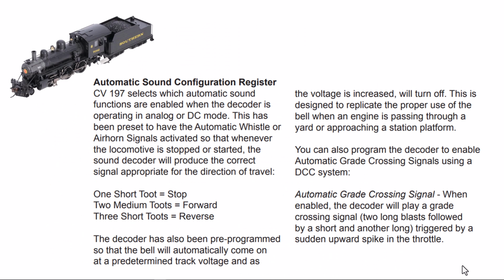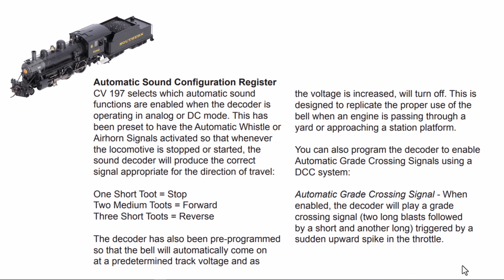If you want to change some of that and you have a DCC system, in other words, a controller and a cab or some way to work with DCC, you can go into control variable 197 and change some of it. Notice that it's by default programmed to do 1 short toot when you come to a stop, 2 medium toots when you go forward, and 3 short when you reverse.